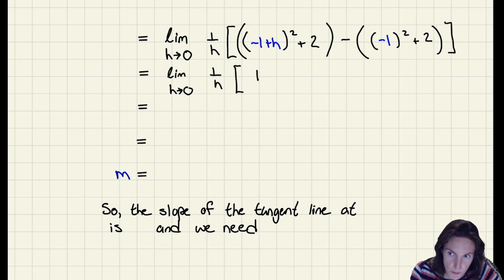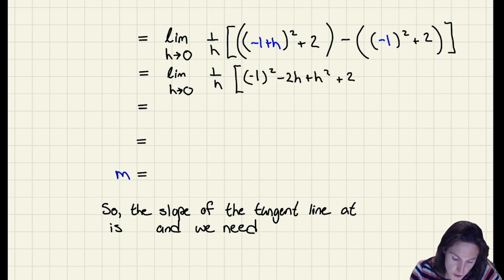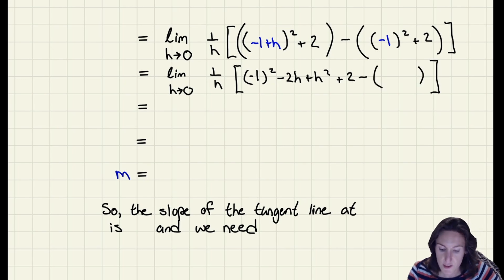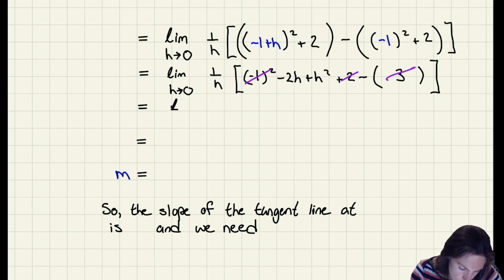Minus h minus another h, so minus 2h, plus h squared plus 2, minus, and this one I'm going to keep brackets here for a second to make sure I don't make a mistake. So 1 plus 2, so this is 3. And now we can simplify things a little bit. This is going to become a 1. 1 plus 2 is 3, but we're taking a 3 off, so that simplifies.